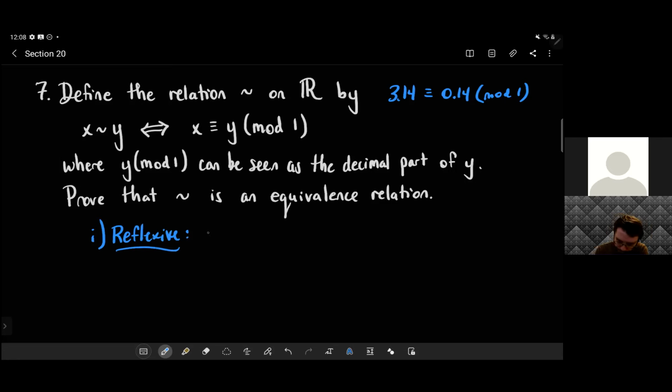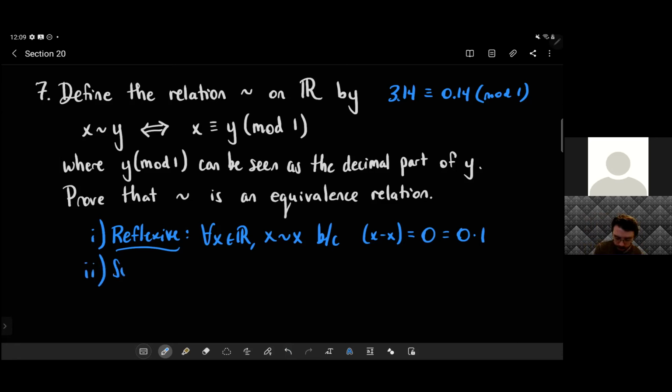So reflexive, we want to show that for all real numbers, X is related to itself, but that's true because X is congruent to X mod 1 in the sense of X minus X equals 0, but that's a multiple of 1, right? It's 0 times 1. So they're congruent mod 1.